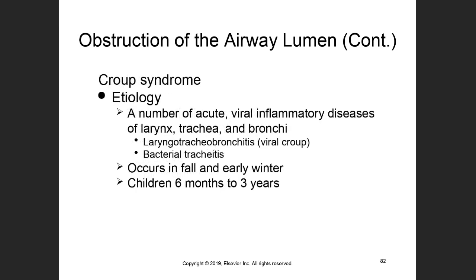Croup syndrome etiology is a number of acute viral inflammatory diseases of the larynx, trachea, and bronchi. That's the real name of croup. It's really long. Bacterial tracheitis is a type of croup. It occurs from 6 months to 3 years of age.